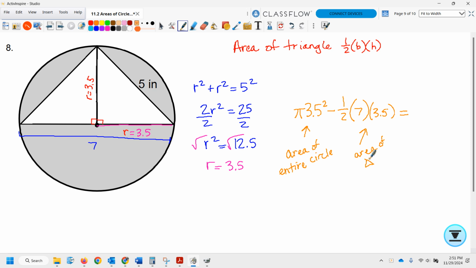Okay? Get your calculator out. Pi times 3.5 squared minus 1 divided by 2 times 7 times 3.5 is, if we round to the nearest tenth, 26.2 inches squared.